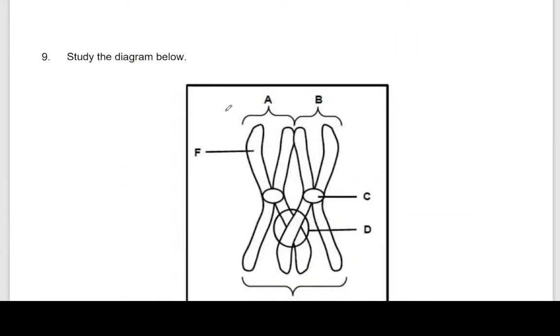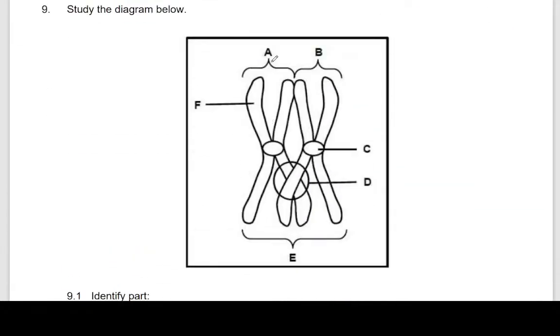Study the diagram below. What is A? A is a chromosome. B is a chromosome. Both of them are homologous chromosomes, but because they're undergoing crossing over, we call them bivalent. That's the terminology we use.